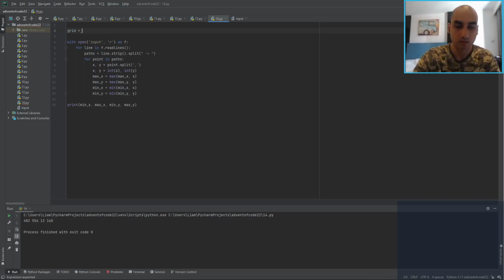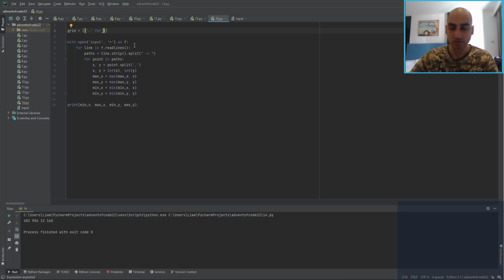Grid equals... So it's air. We'll use the widths they've given us, whatever.